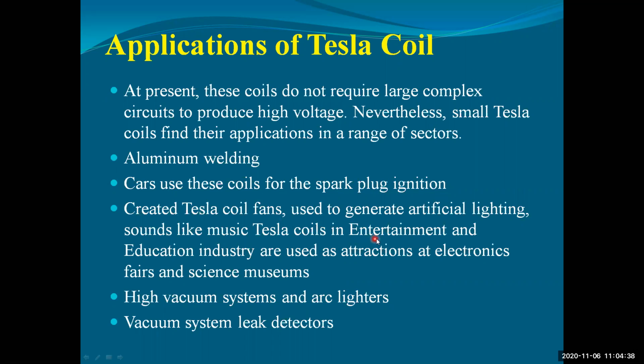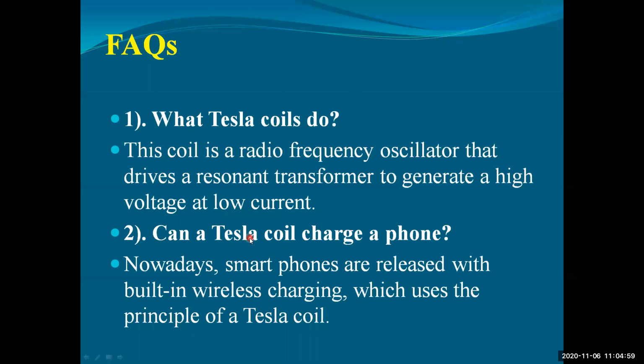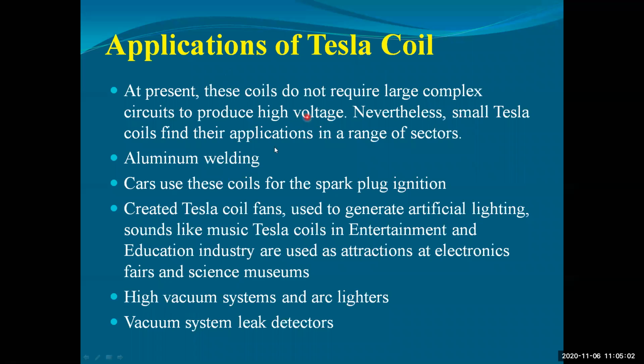Tesla coils in the entertainment and education industry are used as an attraction at electronic fairs and science museums. High vacuum systems and arc lights, and vacuum system leak detectors. So these are the different types of applications of Tesla coil.